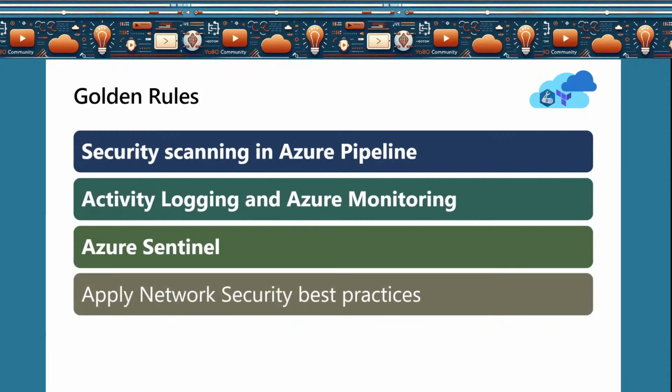And I always recommend applying network security best practices, because network security, when it comes to routing, UDRs, NSGs, firewalls, also controls how your services will be accessed and created.